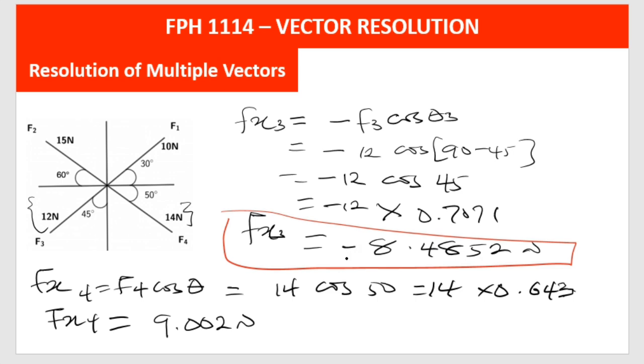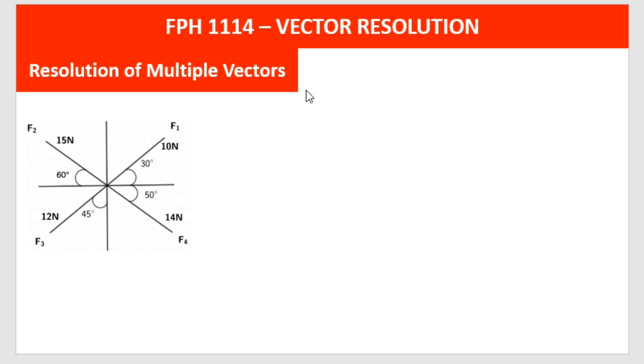Sine 45 gives us the same thing as cos 45. So here we have Fx, is it Fy or Fx?